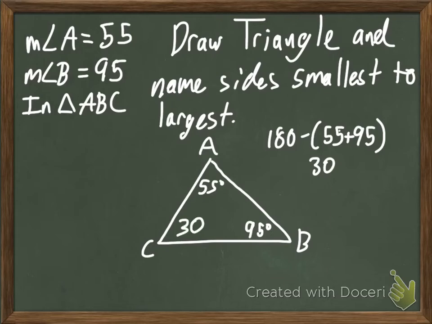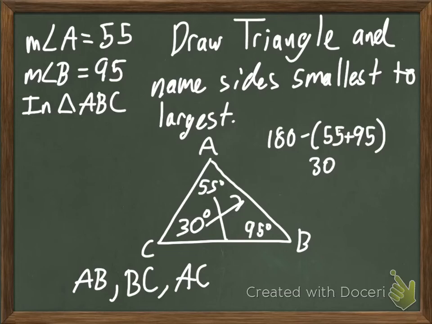Alright, so now that we have all of our angles labeled, we can name the sides smallest to largest. So it looks like our smallest angle here is 30. The side across from it is AB. Next is that 55, and 55 is across from BC, which leaves us with AC or CA, whichever way you want to say it, as the biggest side.